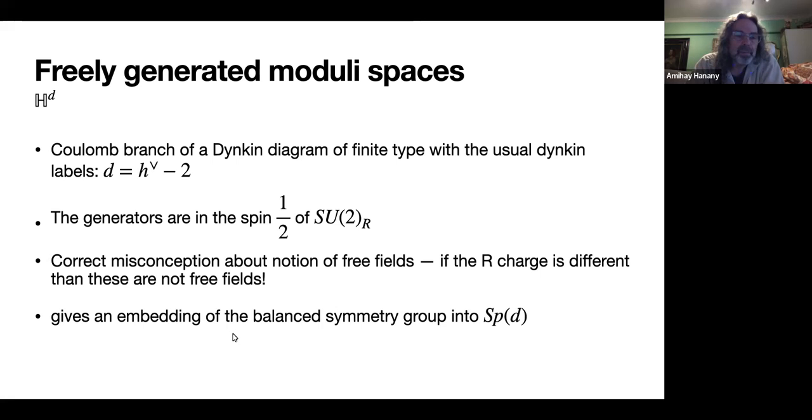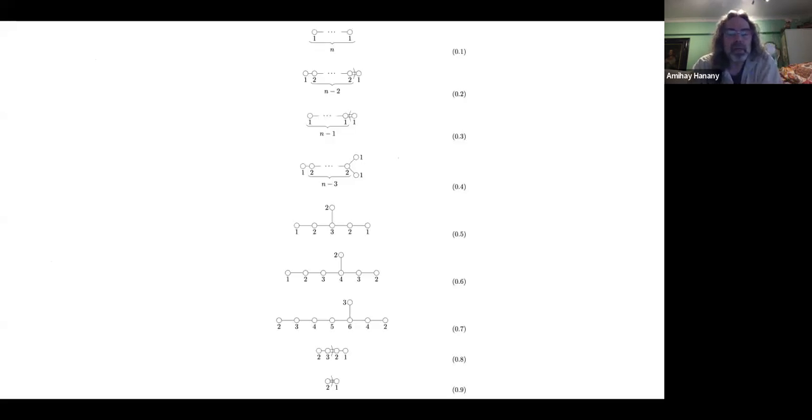But on the other hand, since the moduli space is just a copy of the quaternionic space d times, the natural symmetry group is Sp(d). And so now I have an embedding of the smaller symmetry group inside Sp(d). Let's show this in an example. Actually, before we show the examples, here's a list of all of those finite type Dynkin diagrams with the explicit numbers. I guess we don't see the top one.